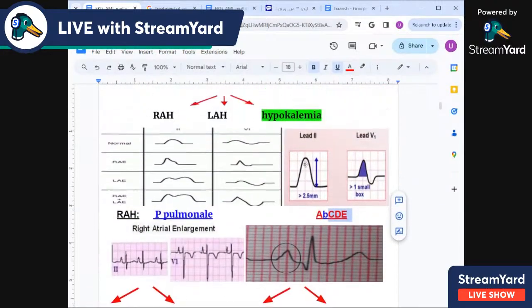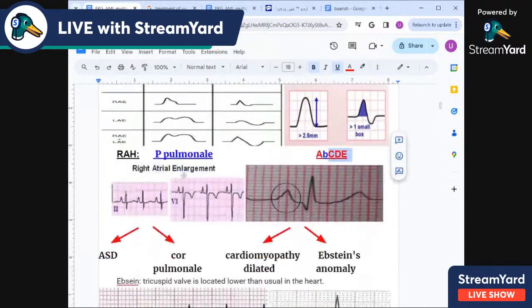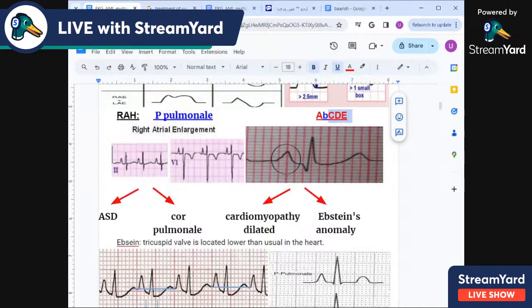So the causes of right atrial hypertrophy are A, B, C, D, E. A for ASD, which is acyanotic congenital heart disease. The other two acyanotic congenital heart diseases are included in the left atrial hypertrophy.